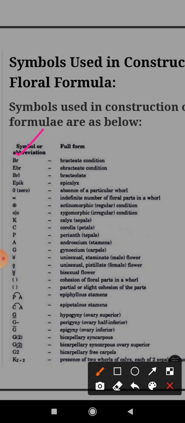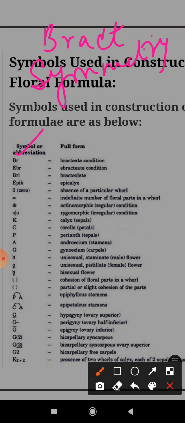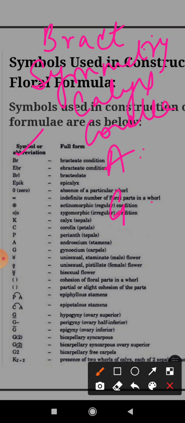Then after you explain about the bracts, you need to tell about the symmetry, actinomorphic or zygomorphic, and then we start with the outermost whorls of the flower, starting with the calyx, corolla, androecium and gynoecium. This is the sequence that has to be followed, right? There is a way of writing the floral formula, and there is a sequence in which it is written, and this sequence needs to be followed.